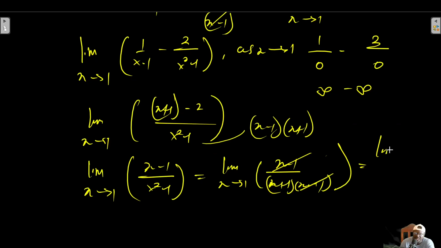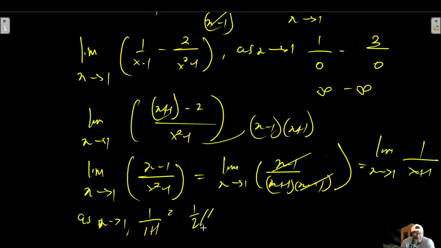I end up with the limit as x is approaching 1 of 1 over x plus 1. Then from here, you can do your direct substitution. As x is approaching 1, we end up with 1 over 1 plus 1, and our answer is half. I believe this is also simple. We move on to the next problem.